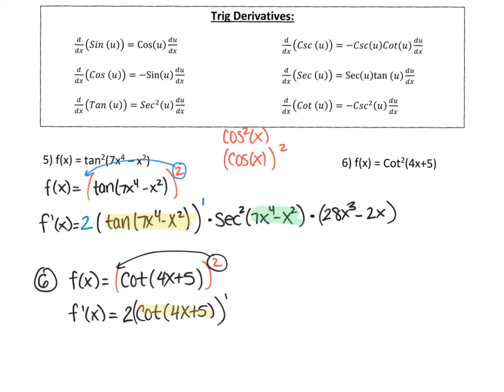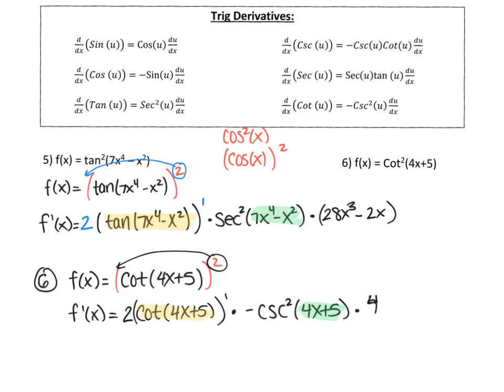So the derivative of cotangent, if we look over here, is negative cosecant squared. So times negative cosecant squared of 4x plus 5, times, don't forget, the du over dx, the derivative of the inside. And 4x plus 5 is the inside, so that derivative is simply 4.